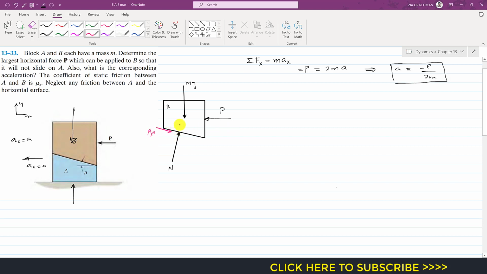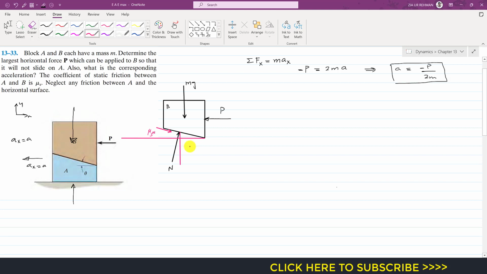times N. Now if I draw a horizontal line here like this, this surface is making some angle theta, and if I draw a vertical line here, this normal force is perpendicular to this line, and this vertical line is perpendicular to this line.